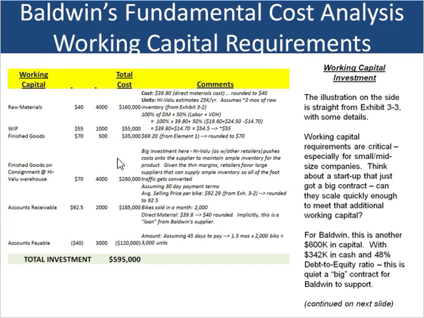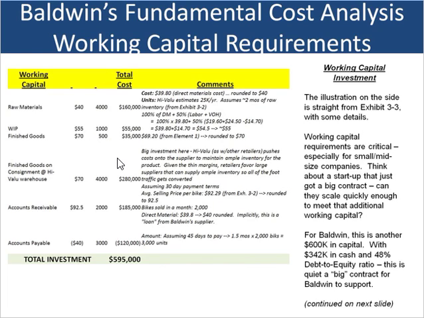So there is a certain percentage of your bicycles that is in the middle of the manufacturing cycle. And what we have done here is basically said it's 100% direct materials, again that $40, plus 50% of labor and variable overhead, because at any given point in time, half of those particular bicycles may be complete.